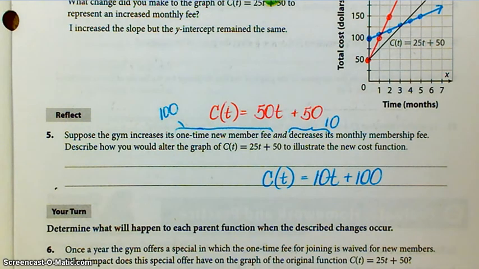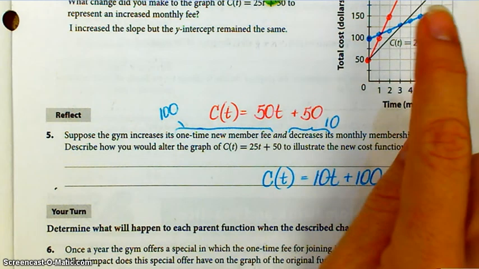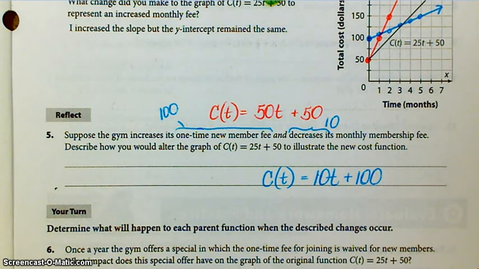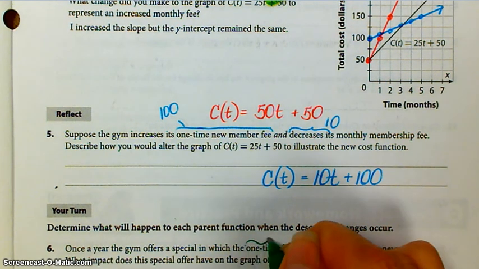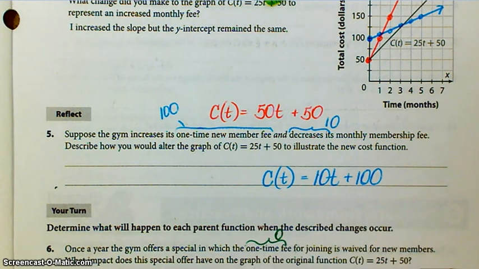Okay, so let's do number 6, and I'm also going to try to draw it on this same graph. I'll pick another color. Once a year, the gym offers a special in which the one-time fee for joining is waived, meaning your one-time fee becomes $0. What impact does this special offer have on the graph?